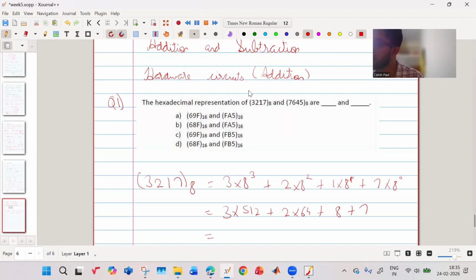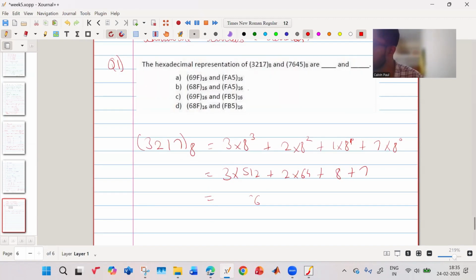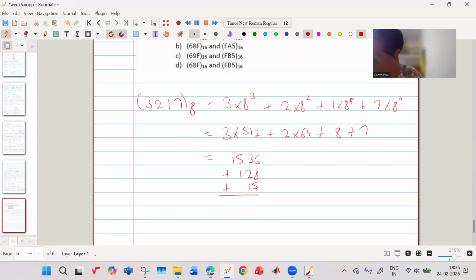So 1536 plus 128 plus 15. When you sum it up, it becomes 1679. That means (3217)8 I can represent as 1679 in base 10.